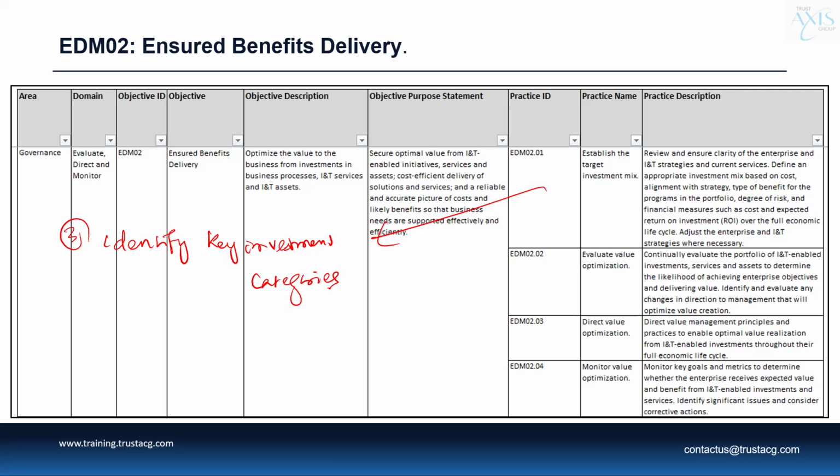Now, this particular step provides a structured view of where your resources are allocated, right? This will allow you to achieve a basic capability level of 2 as well. Okay. So this is one of the activities, like what are the key investment categories, whether you want to invest in your systems, your applications, your data services, your infrastructure modernization, or even in the people skills, right? So all those things can be implemented.